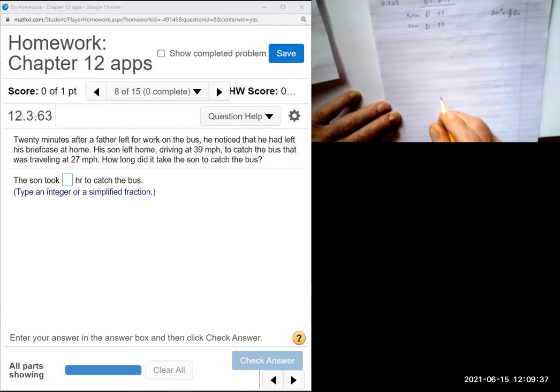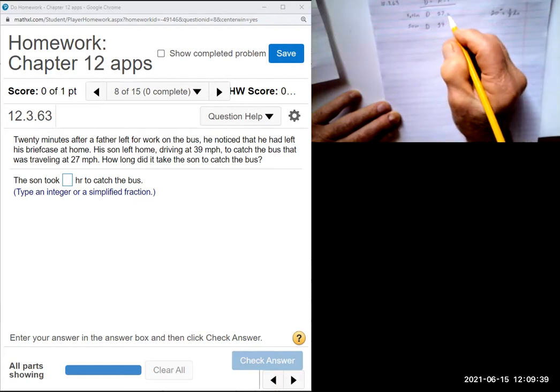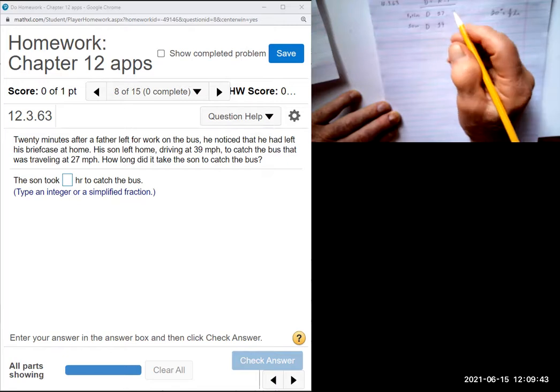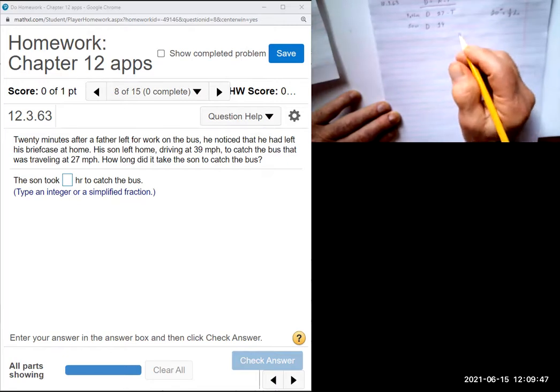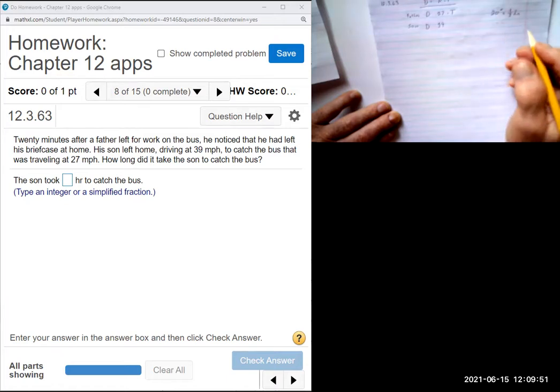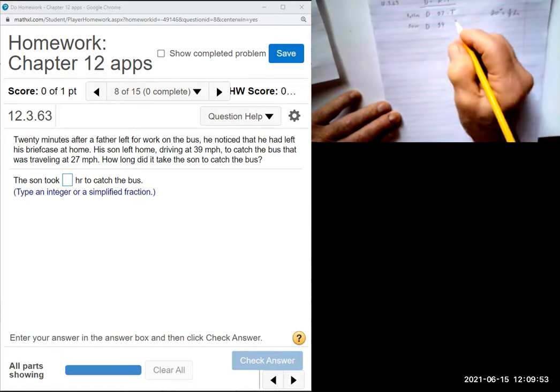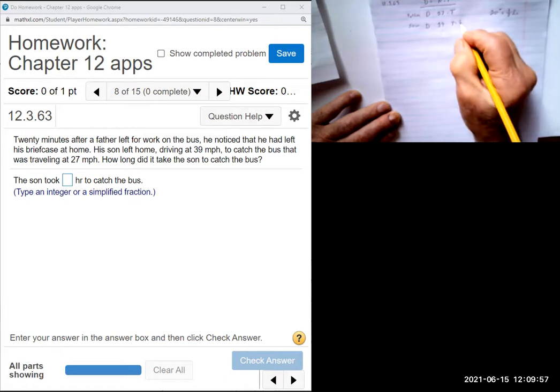Okay. So, how much time did the father take to travel? He took t time. The son didn't leave at the same time, he left later. So we need to subtract 1/3 of an hour from the time that the father took. That's t minus 1/3.